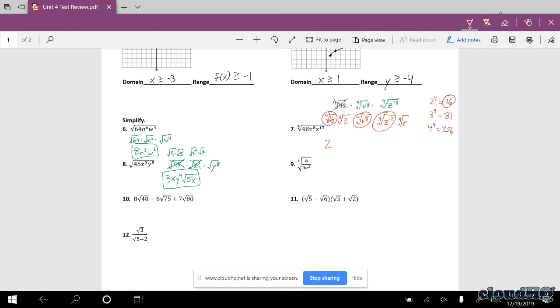What is the 4th root of v to the 8th? v to the 2nd. And then 4th root of z to the 12th. z to the 3rd. But then we have some things that don't simplify. They're left inside of a 4th root, but we can combine them together. We have that 3 and that z.